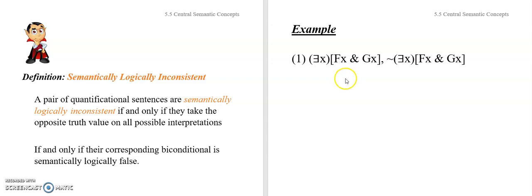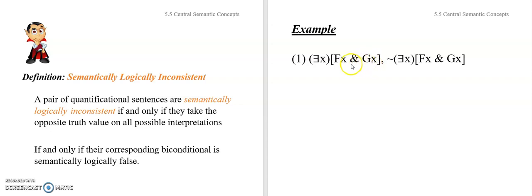And so that's kind of an interesting idea, but we cannot prove that the two are logically inconsistent if we limit ourselves only to semantic techniques explored in this chapter. You will be able to prove that they are inconsistent in chapter 6.